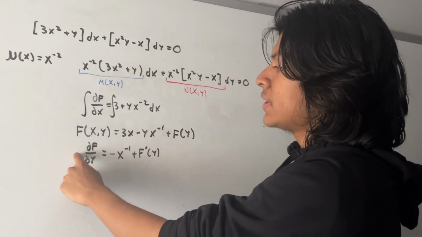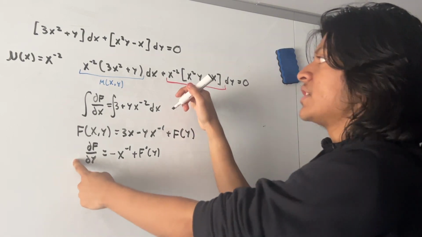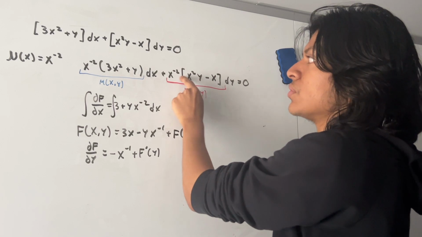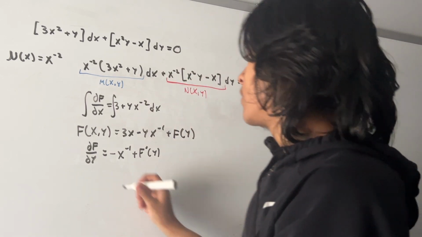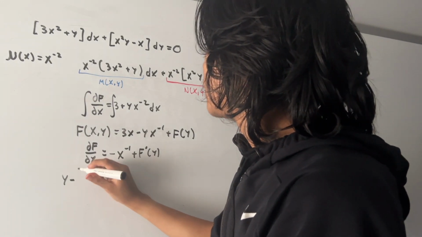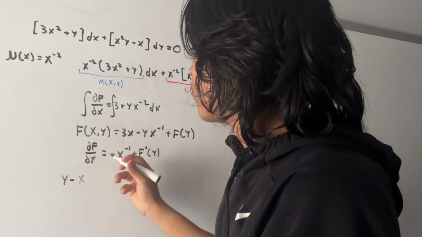And as we know, partial f, partial y is just our N of x, y, so we could just plug that in. And when we substitute our x to the -2 here, we get y minus x to the -1.